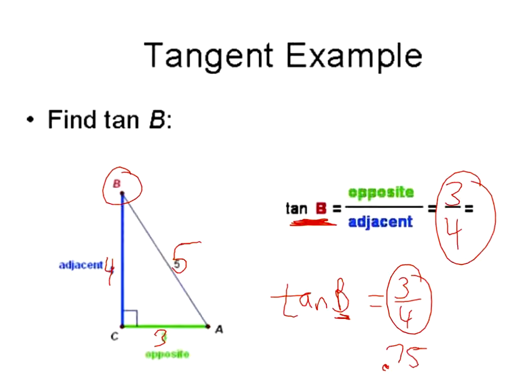So I'm going to do, how do I type it in though? Tangent to the -1. What do we get? 48? 36.8. Yeah, that's what I got too. I got 36.9.